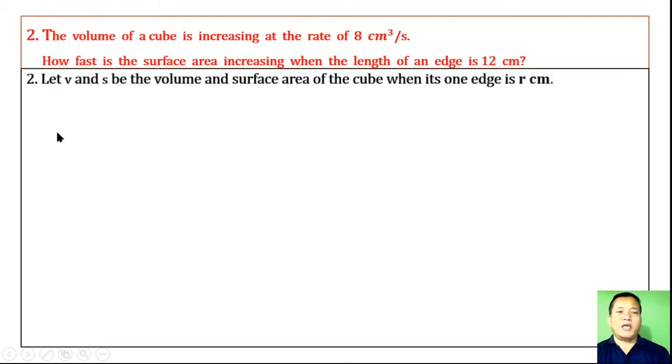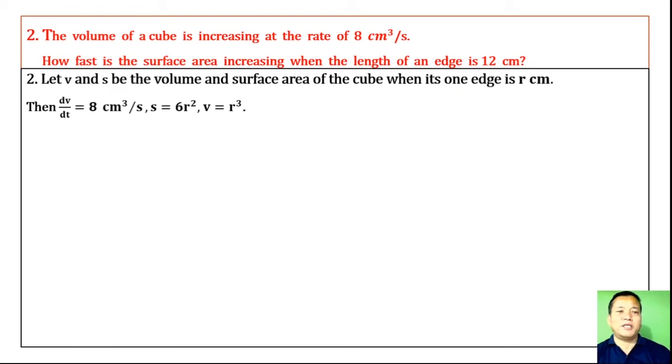Let V and S be the volume and surface area of the cube when its one edge is r cm. Cube amagi piban amagi asangba r cm oiba matamda oiba volume amasung surface area du mathang sina V amasung S na khangnarasi. Then it is given that the volume of the cube is increasing at a certain rate.